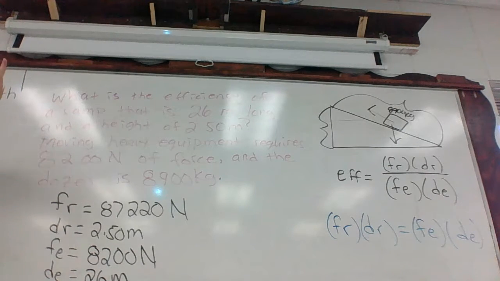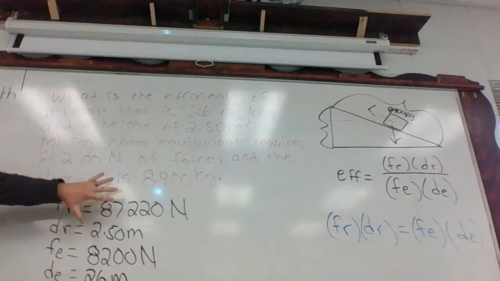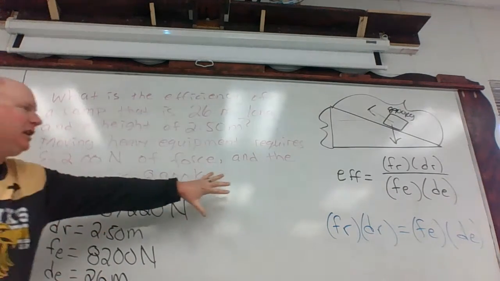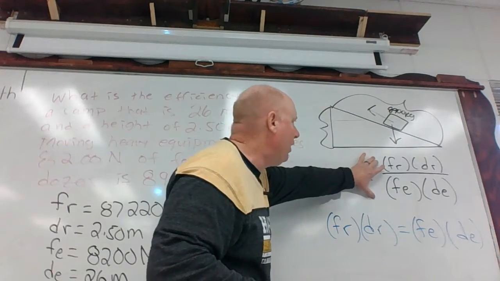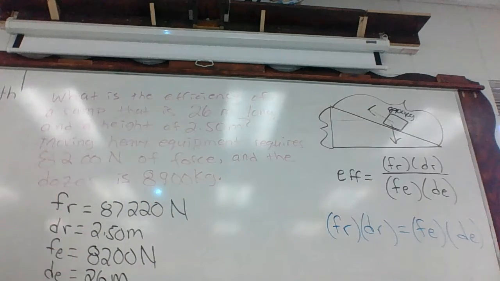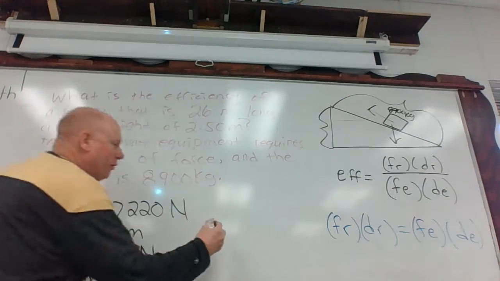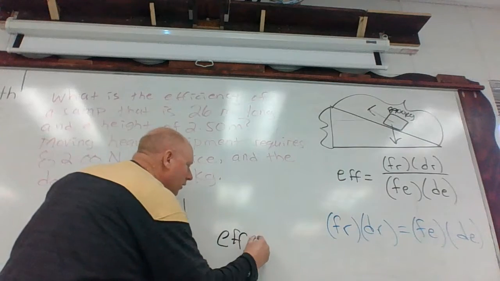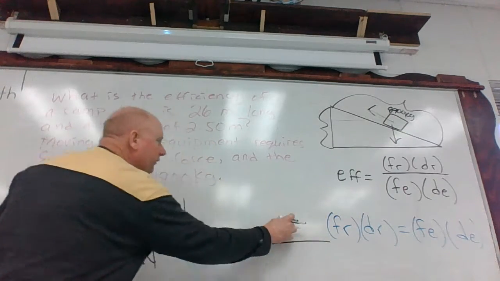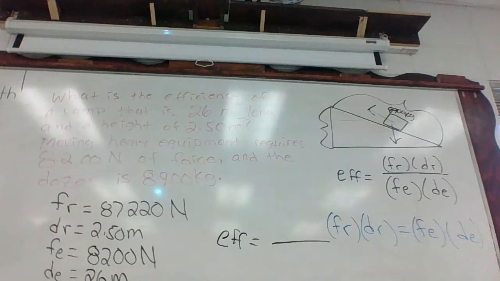Now, once we have this information down, now we can just put these in where the equation tells you to. Okay? So, what are we putting on top of this fraction according to our equation?